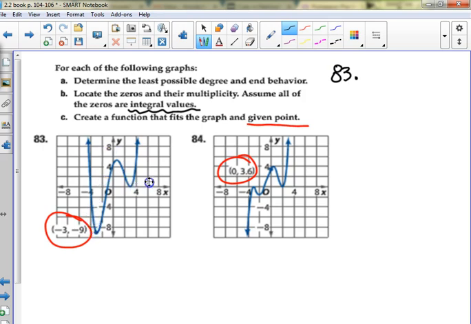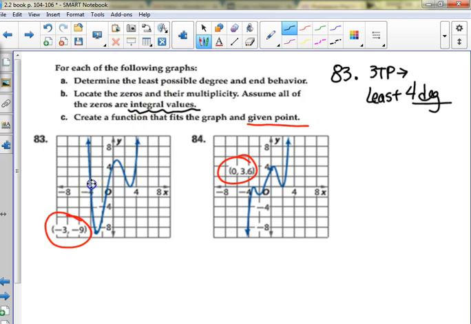what is the least possible degree? Okay, 3 turning points means it's at least degree 4. End behavior, does that agree with us that the degree could be a 4? Okay.